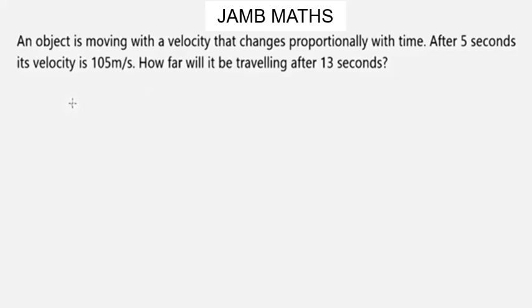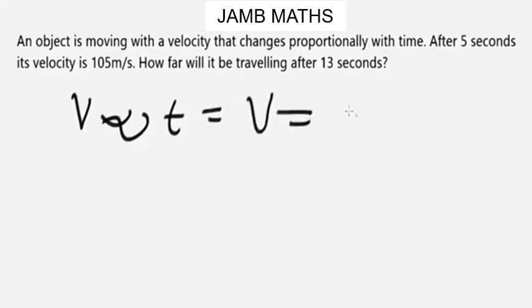We are going to substitute x and y with v and t, since we are dealing with velocity and time. So velocity is directly proportional to time. When you use the equality sign, it's going to be v equals k t.